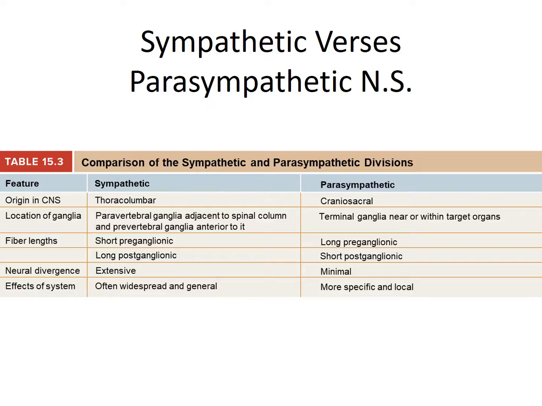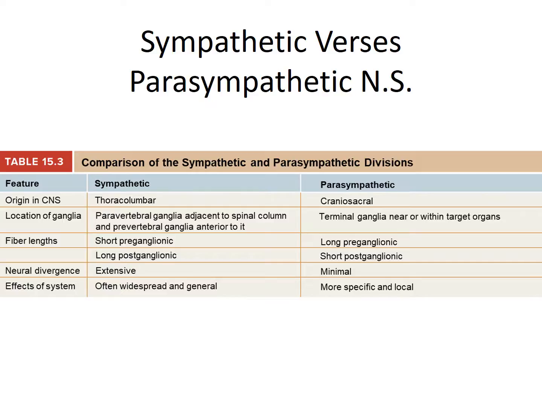So in comparisons of the sympathetic and the parasympathetic divisions, the origins in the central nervous system for the sympathetic division are the thoracolumbar spinal nerves. Remember, T1 through L2. For the parasympathetic, it's craniosacral, meaning those 4 cranial nerves and sacral nerves S2, S3, and S4.